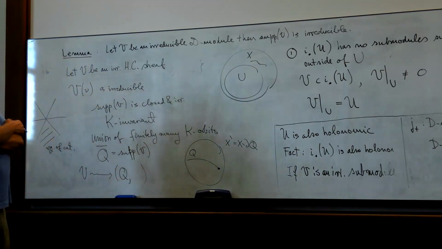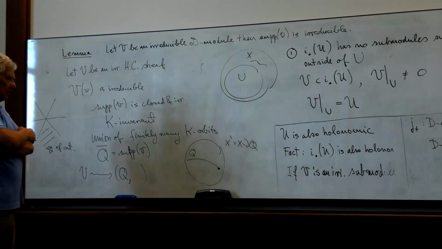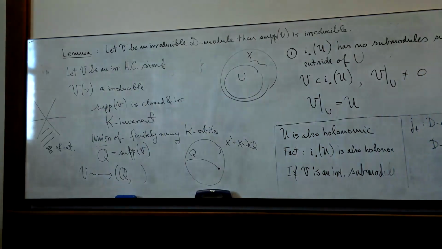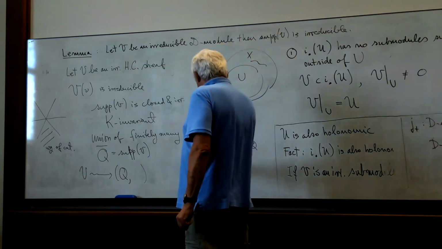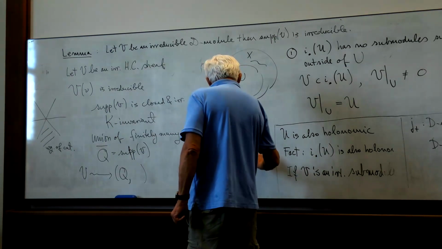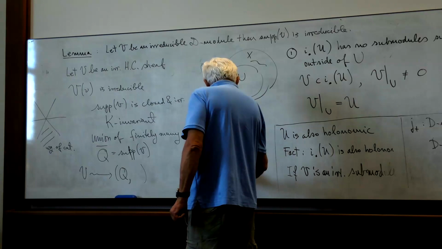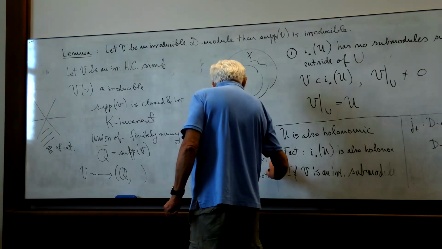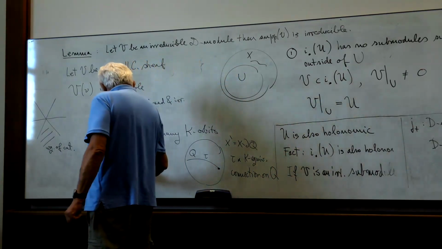So by the previous discussion, it's a direct image of a D-module on Q, which is K-equivariant. The characteristic variety, since Q is an orbit, must be everywhere the same, so it must be zero. So what do we get? On Q, we get the connection tau. This is a K-equivariant connection on Q. This is the second piece of information.